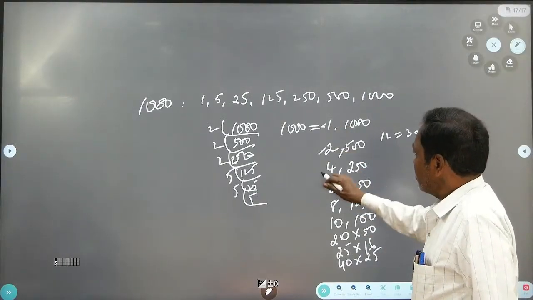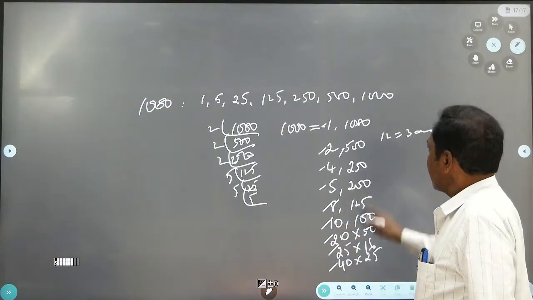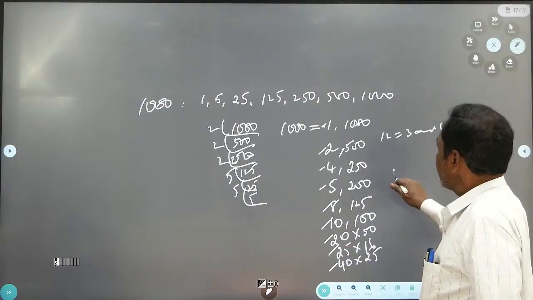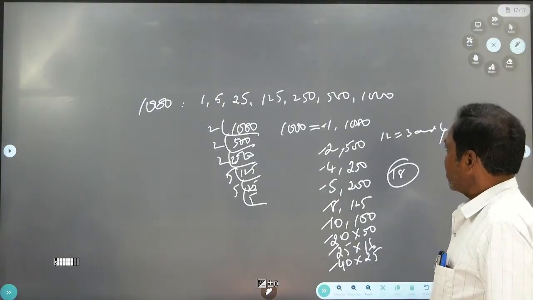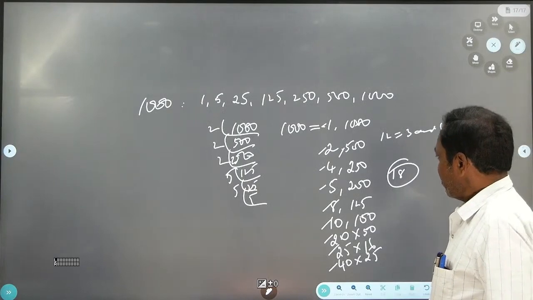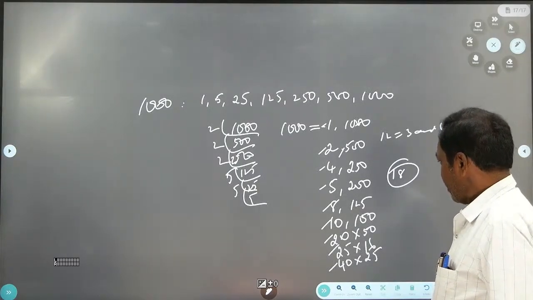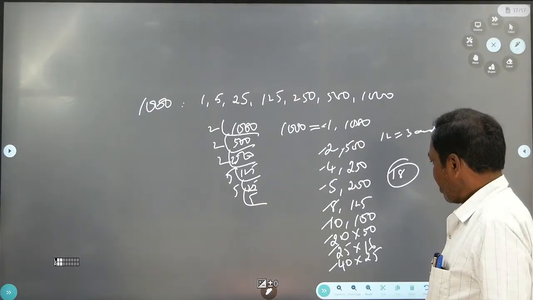1, 2, 3, 4, 5, 6, 7, 8, 9. So 9 into 2, there are 18 factors. Check whether it is correct or not. 5 into 200, 25 into 2 times 200.